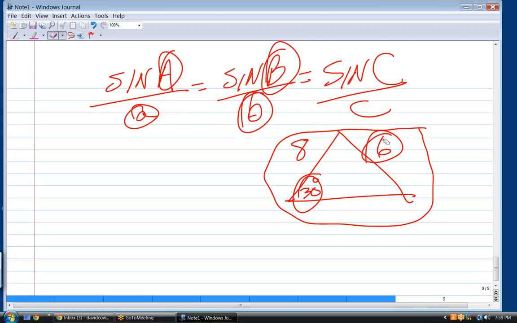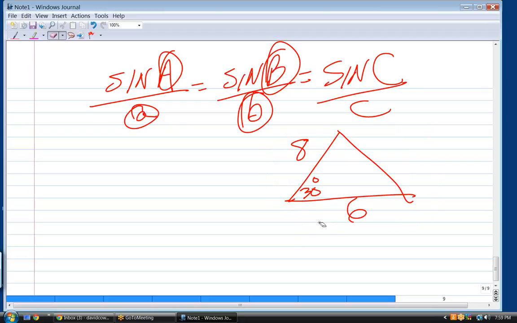But if I make this side 6 down here, now I still have three pieces of information, but I no longer have an opposite side angle relationship. In other words, I cannot specify any of these three for this triangle. This is side, angle, side. When you have side, angle, side, you use the law of cosines.